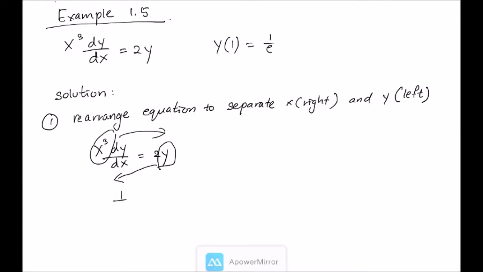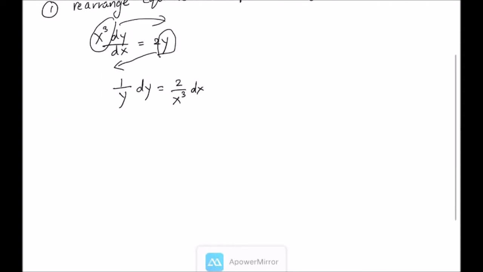So now you have 1 over y dy equal to 2 over x^3 dx. Now you have separated the variables x and y. Next, you integrate both sides.